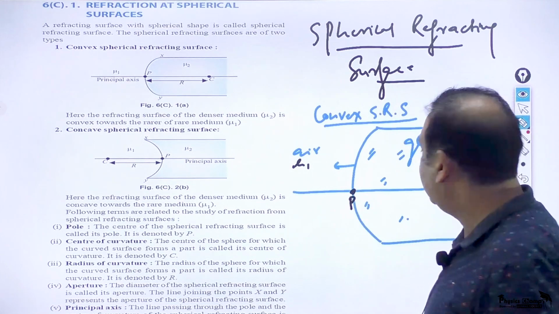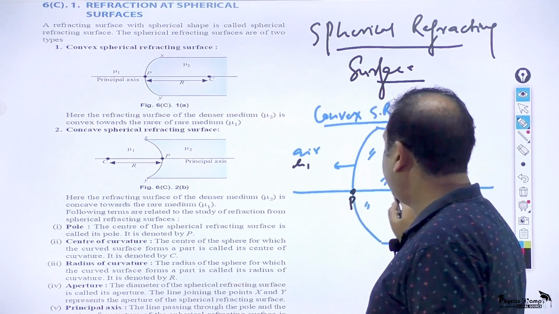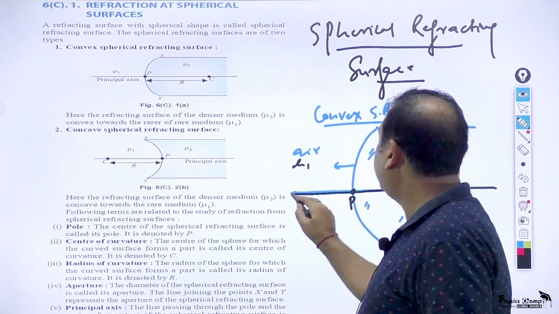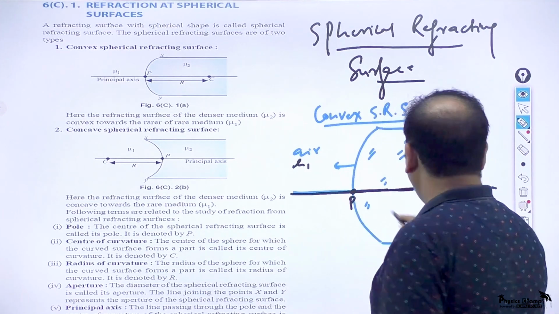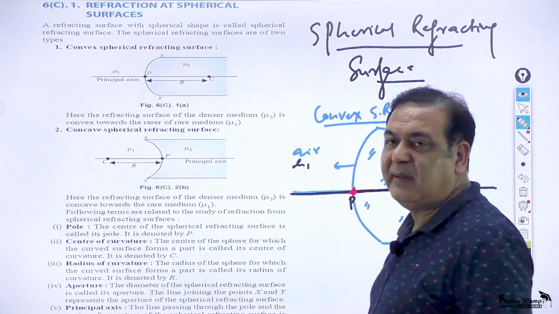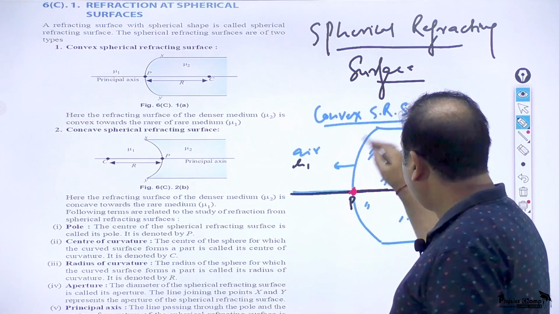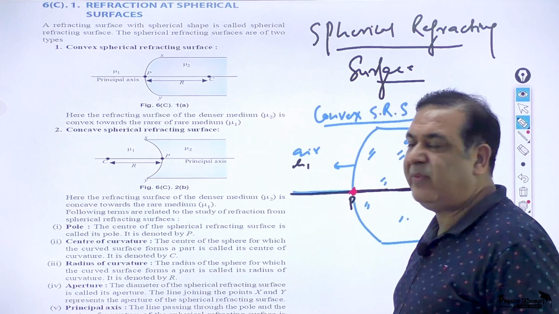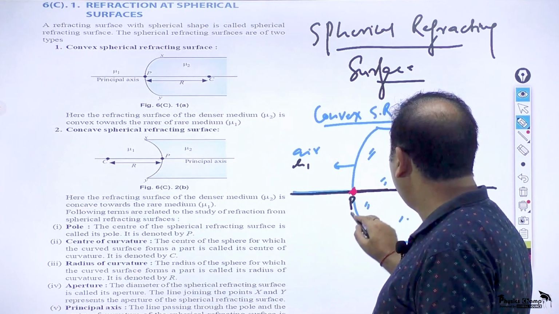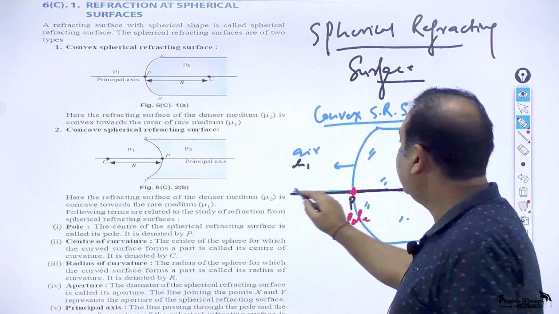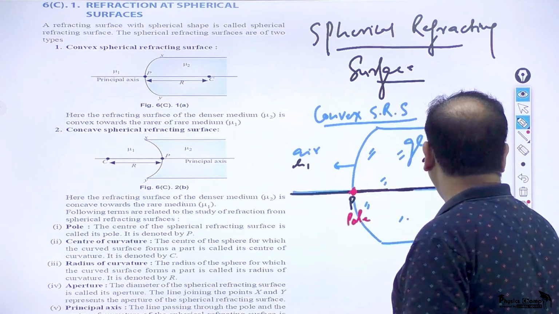This line is the principal axis, and this point, the center point on the principal axis of this convex refracting surface, will be called the pole.